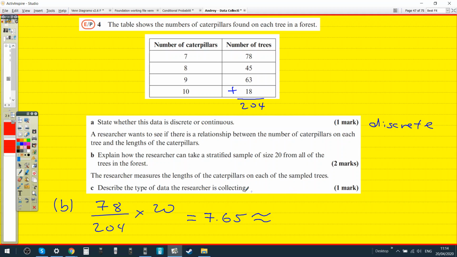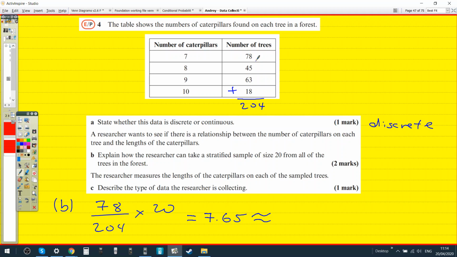If you wanted, because you can't count 7.65 trees, can't count caterpillars in that type of tree. Would I say that it's not good to use or something?